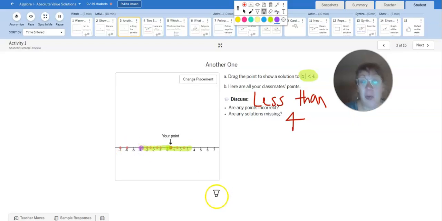This one looks like it's equal to 4, which we don't have the equal to line underneath, so that's wrong. And then this has an absolute value of 7, and this one has an absolute value of 6. So those ones would be incorrect. And there's infinite solutions because any point on this number line between 3.999 and -3.999 is going to be a solution. Beautiful. Let's look at the next slide.